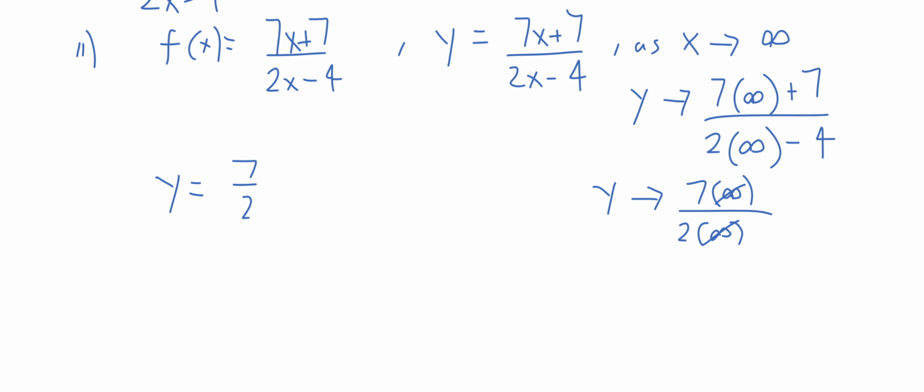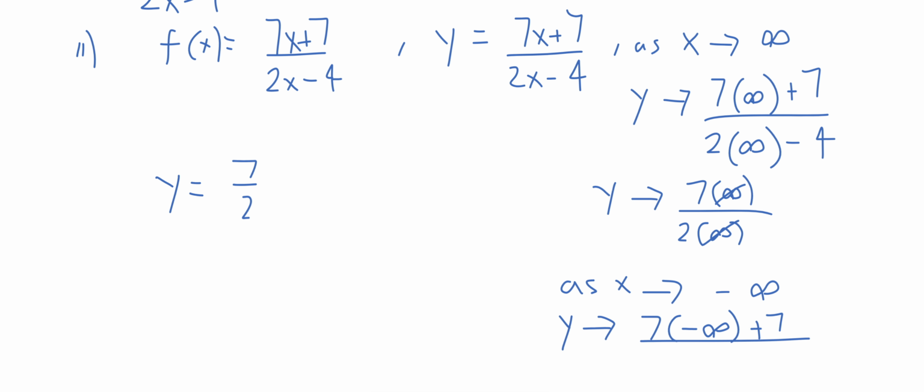And also we'll check to see what happens to the y value as x approaches negative infinity. So as x approaches minus infinity, y approaches 7 multiplied by minus infinity plus 7 over 2 multiplied by minus infinity minus 4.